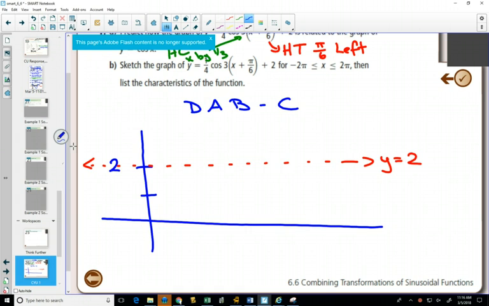So on the A part, you use your amplitude and the center line to mark your maximum and your minimum. So my maximum will be 2.25. My minimum, down a quarter, will be 1.75. So this is going to be a very skinny graph because it has a very small amplitude.